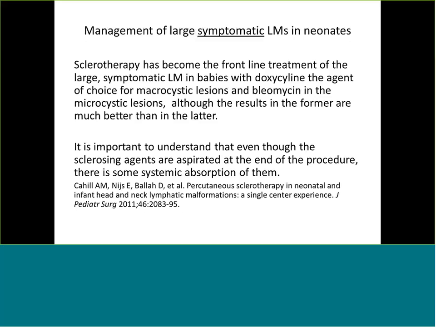But again, they don't leave it in there, and you're not generally treating these kids repeatedly with it. So the bleomycin has had some success in the microcystic lesions, but when the parents ask what's the likelihood that this treatment is going to work, if it's a macrocystic lesion, it's about 85 to 90%. If it's a microcystic lesion, it's about 20 to 25%.